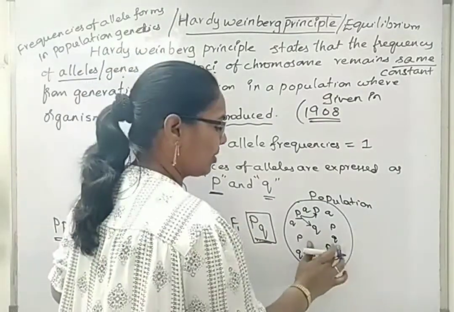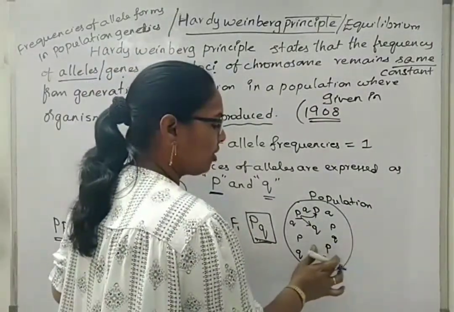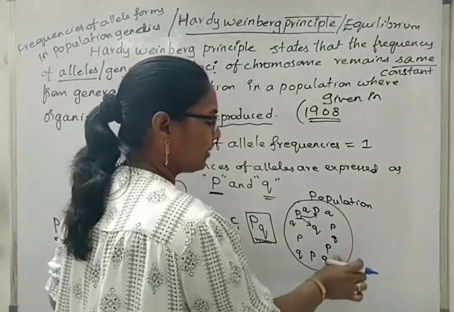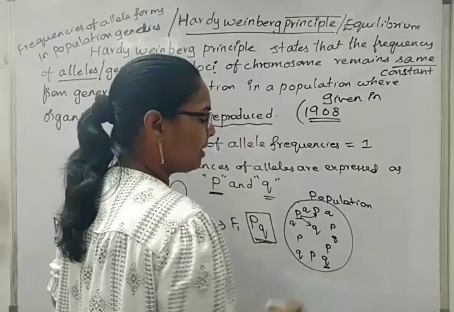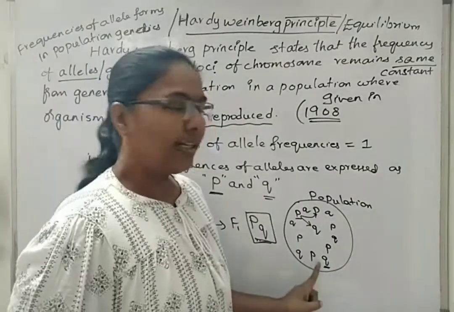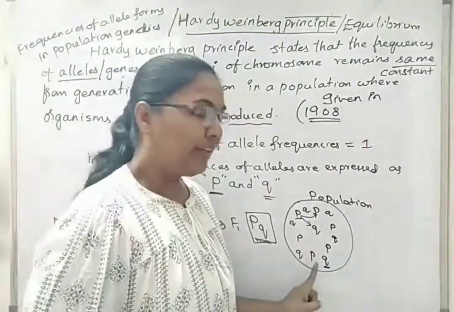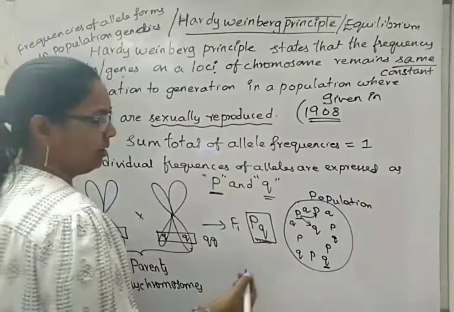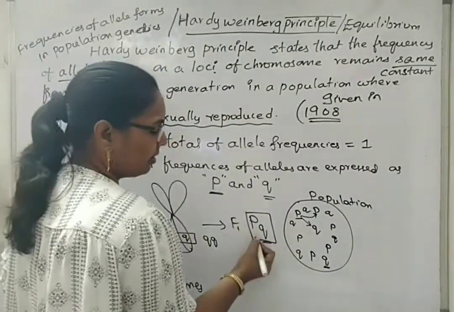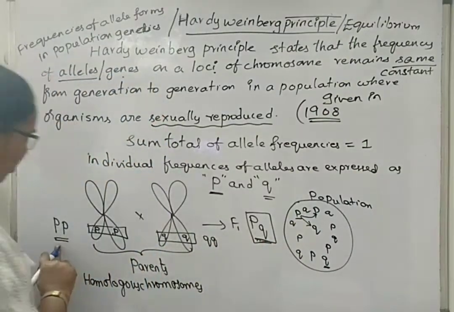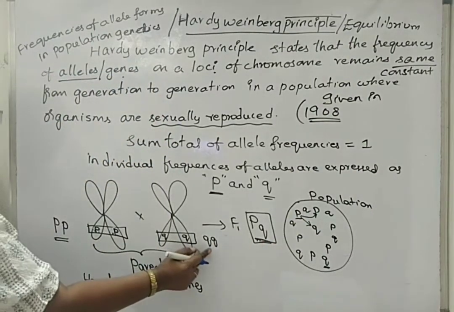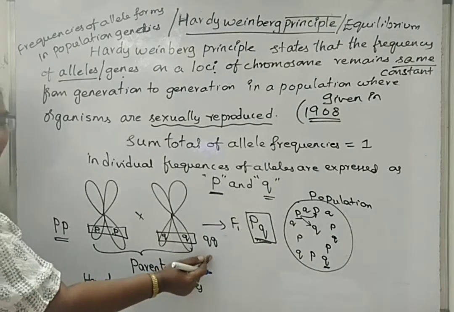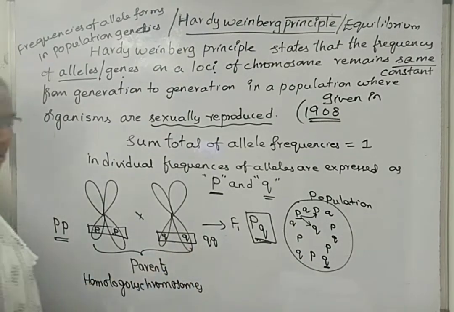These terms, random and non-random mating, refer to whether the organism is selecting organisms with the same or different phenotypic characters. So here homozygous dominant is pairing with homozygous recessive allele pair of chromosome.